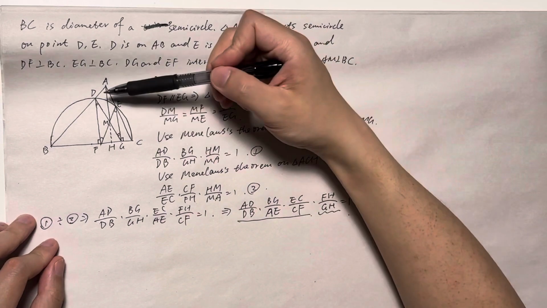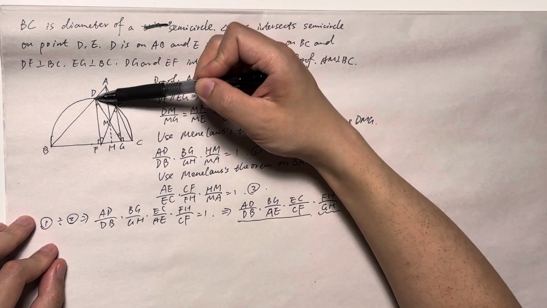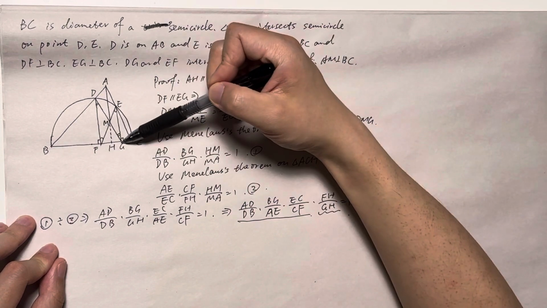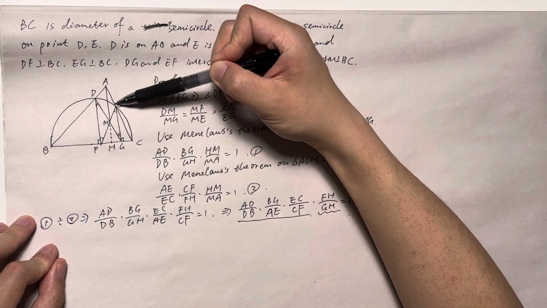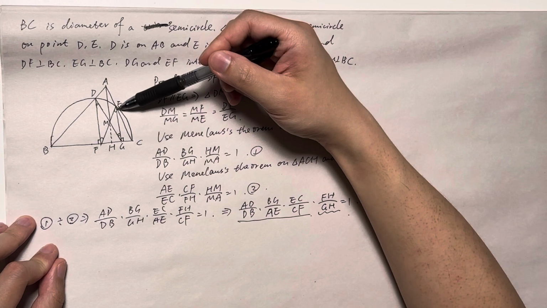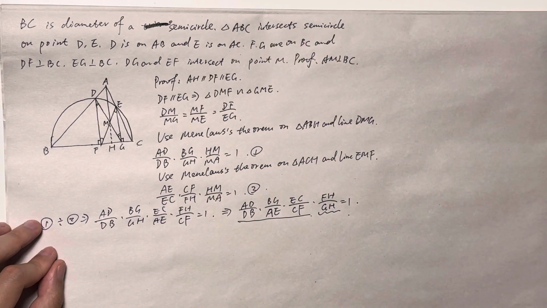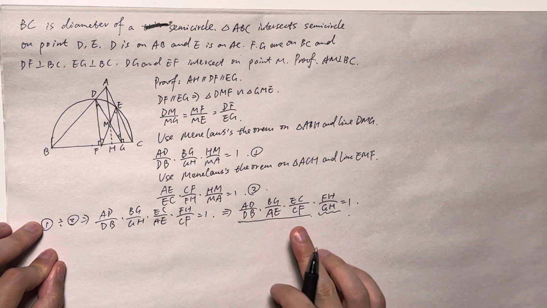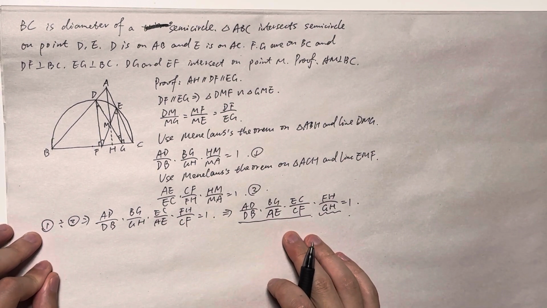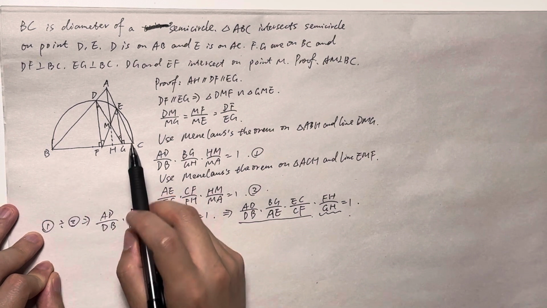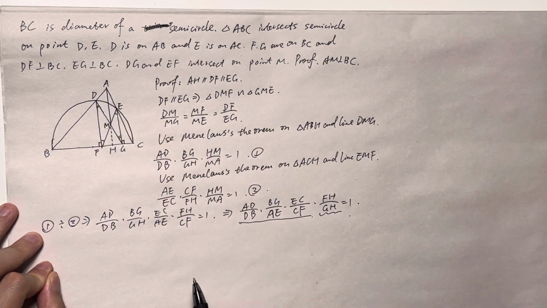Let's look at it. We have AD here, DB here, and we have BG, we have AE, and we have EC, and we have CF. We know that we still have a condition we haven't used yet, which is that BC is the diameter of the semicircle.